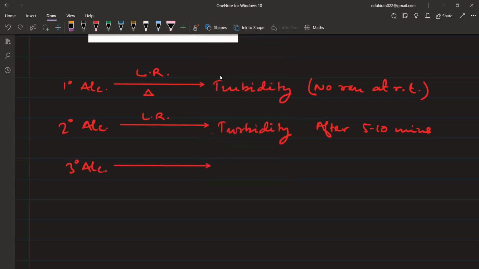If you only give HCl, then also this reaction can happen. But we generally give Lucas reagent to be consistent. It is going to give you turbidity immediately. Quickly you can write.